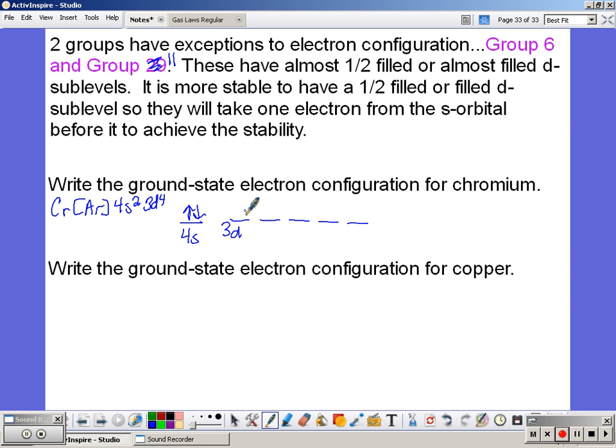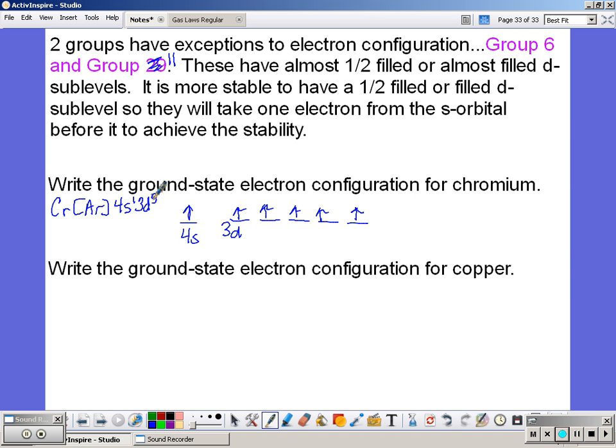Chromium is 1 away from being half full, so it's actually going to take one of the electrons out of the 4s and put it into the 3d to half fill the 3d. This situation is a little bit more stable. So we would have to go back to the noble gas configuration and change it to 4s1, 3d5. So you have to watch out for group 6.